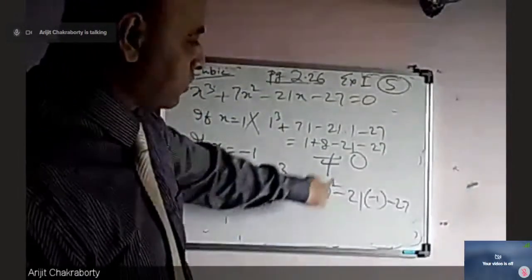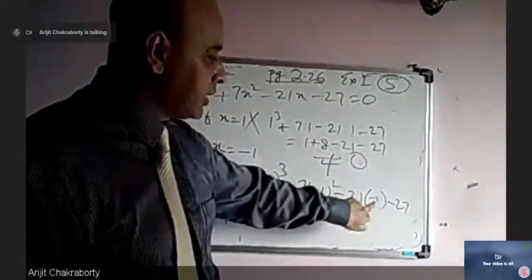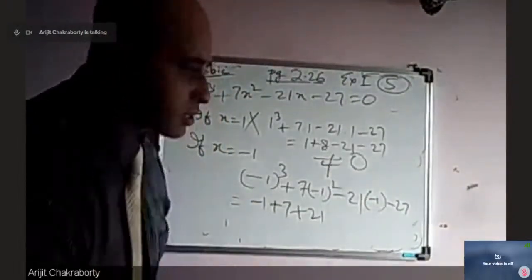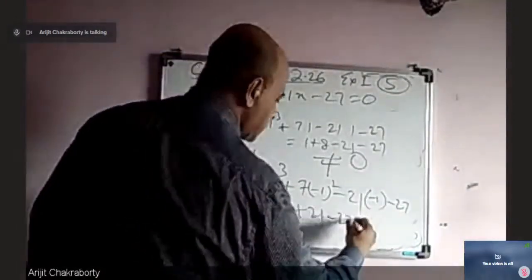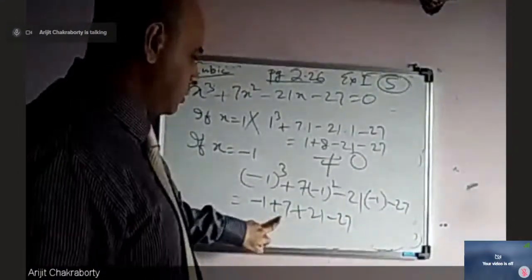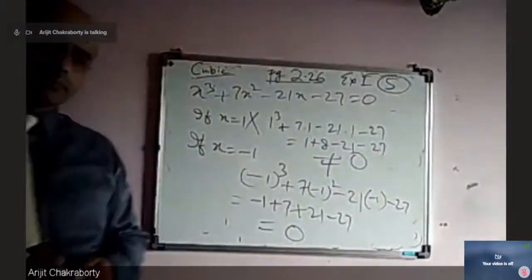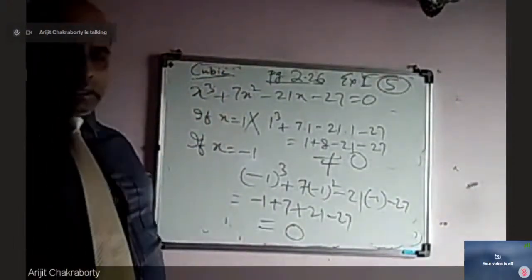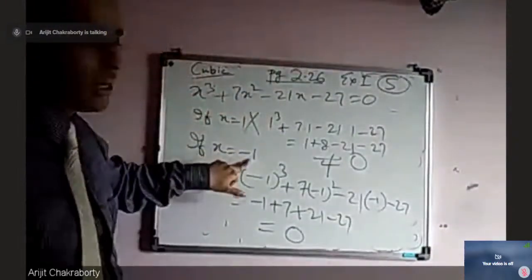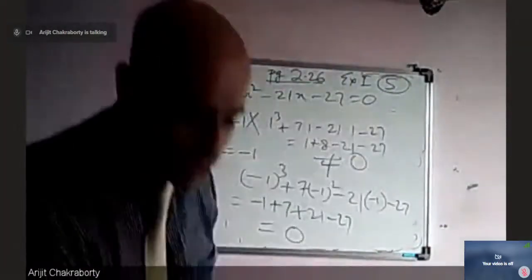Plus 7 into minus 1 square becomes plus 7. Minus 21 into minus 1 becomes plus 21, because minus and minus gives you plus. And finally you have minus 27. 21 plus 7 is 28, minus 1 is 27, minus 27, this is 0. So x equal to minus 1 will make the expression 0.